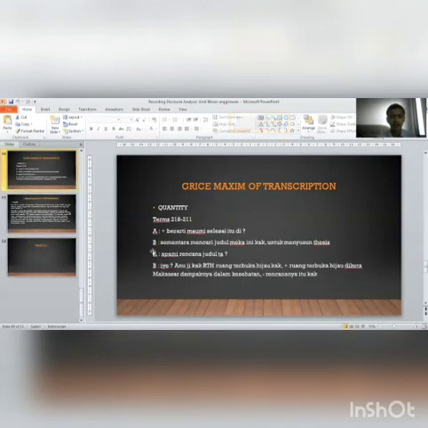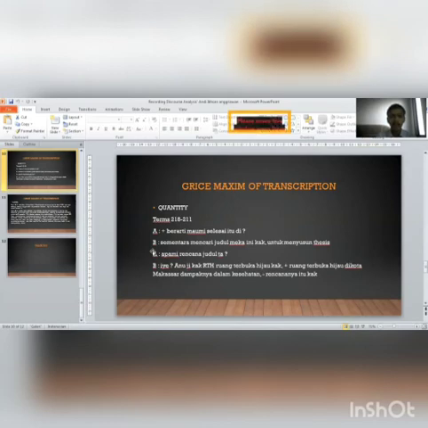And the next is about quantity. Why I choose quantity in terms 208 until 211.